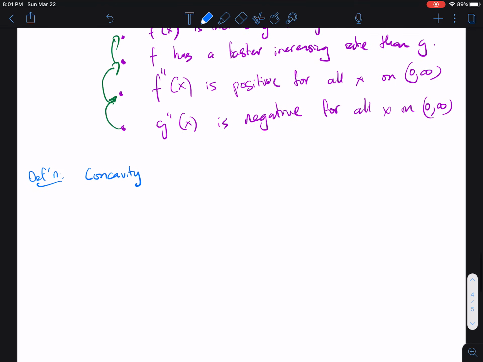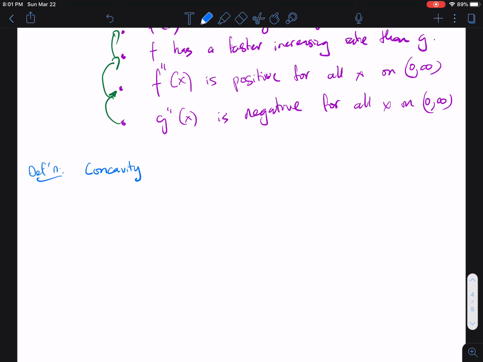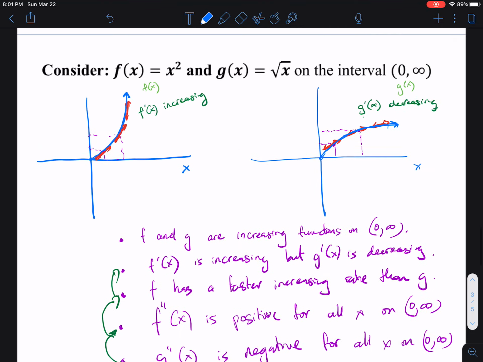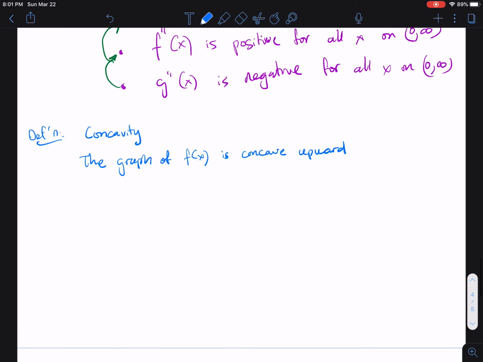We say that the graph of f of x, or the function f of x, is considered to be concave upward on an interval, call that interval AB, if the first derivative is increasing on that interval, and that's exactly what we have right there.